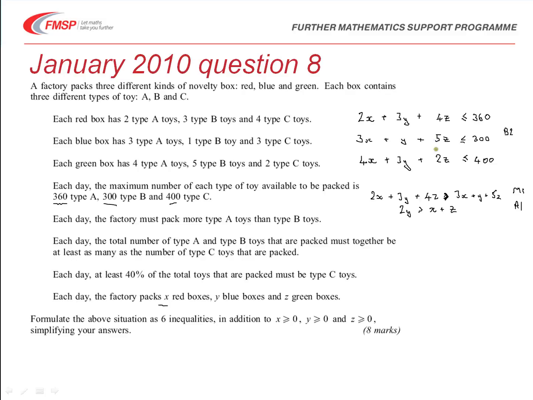That will give us 5x plus 4y plus 9z, and that's got to be greater than or equal to the numbers for C, which is 4x plus 3y plus 2z.